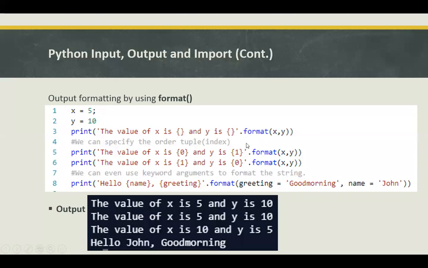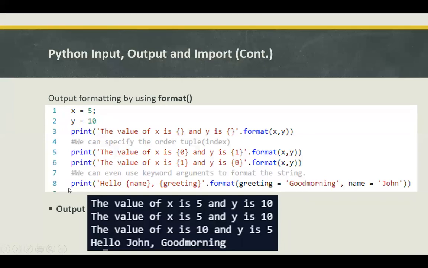If I put 0 and 1, obviously the output will be x is 5 and y is 10. But if I write 1 and 0 here, it would print reversed: 1 is 10 and 0 is 5. Even though I have written format x comma y, because I have used the indexing value, the output printed as x is 10 and y is 5.